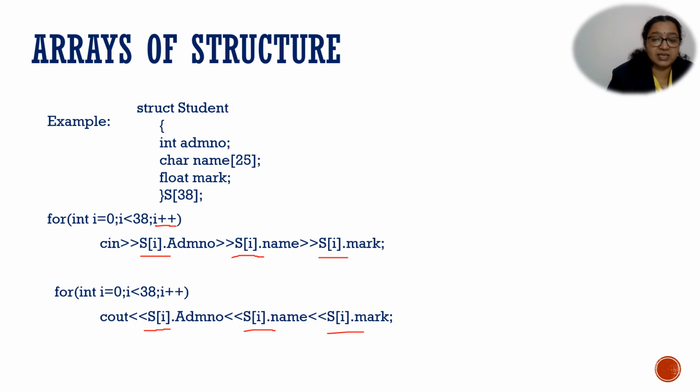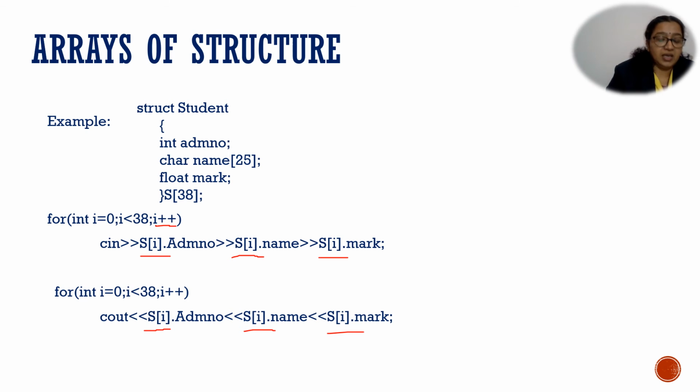So first student's details will display. Then again I plus plus, then it will check, is it less than 38? Yes. So S of 1 dot admission number, name, mark. So you'll get the second student details. Yeah, so it's easy, no? So this is the way of using arrays of structure.